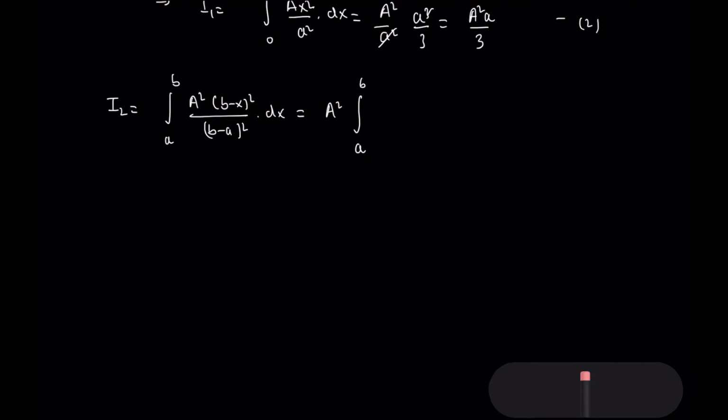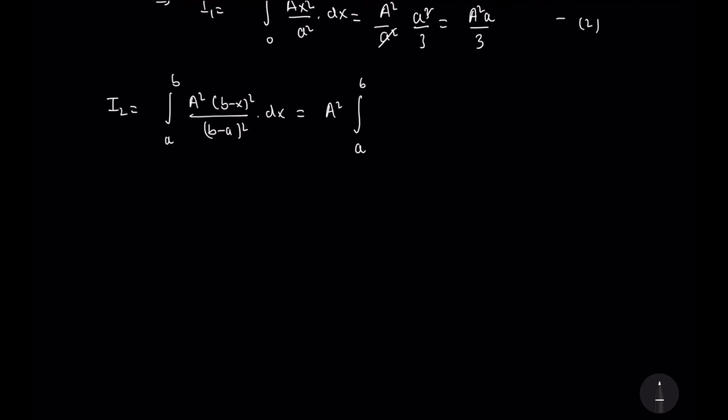Now I have b squared plus x squared minus 2bx upon (b minus a) whole squared.